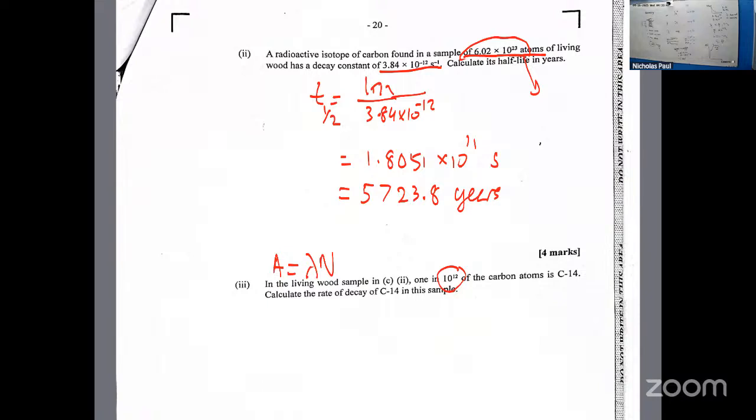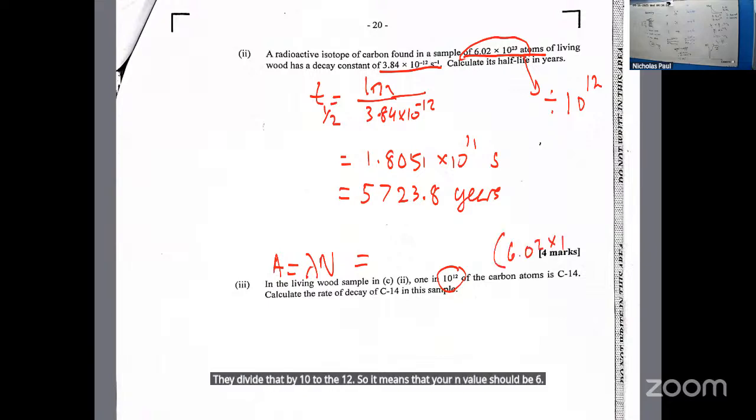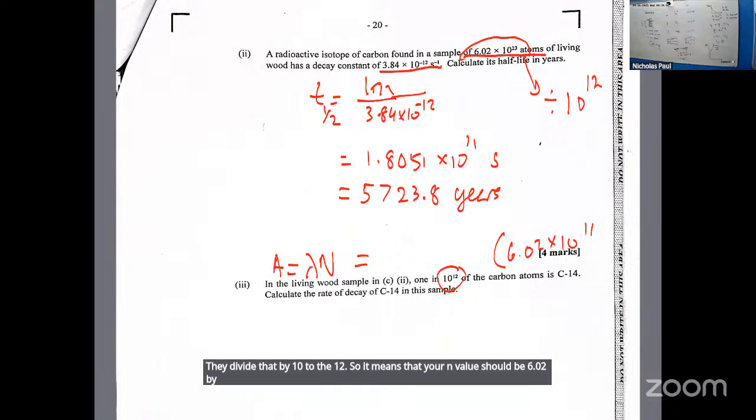So you divide the 6.02 by 10 to the 23 by 10 to the 12. So your N value should be 6.02 by 10 to the 11.